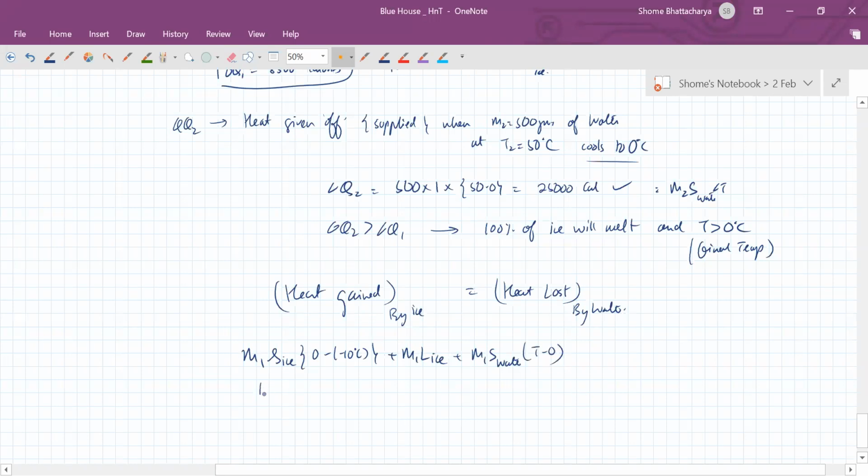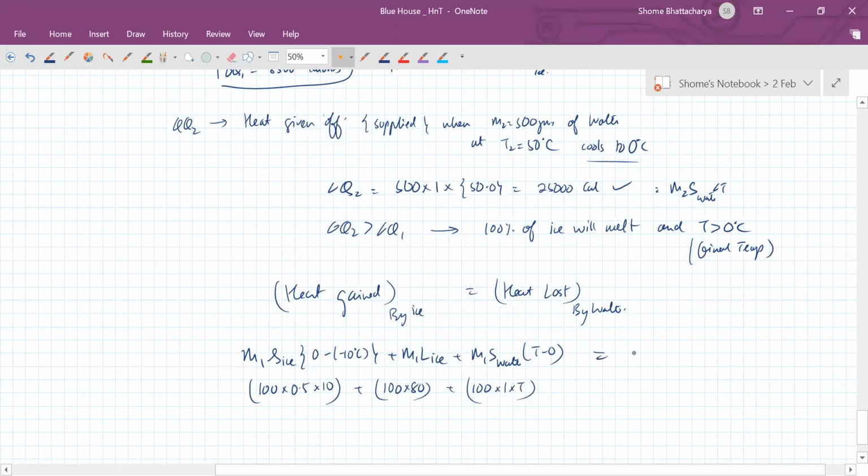So that is 100 grams of ice, which are first coming to 0 degrees C, plus 100 grams of ice, which are melting, okay, plus 100 grams of ice melted into water is rising to a temperature T.